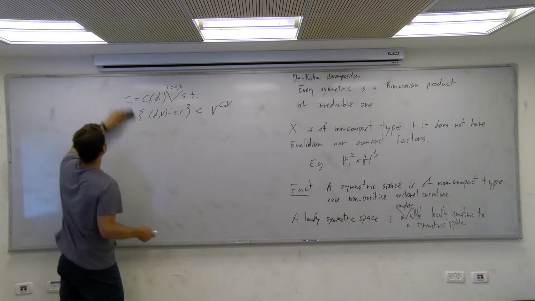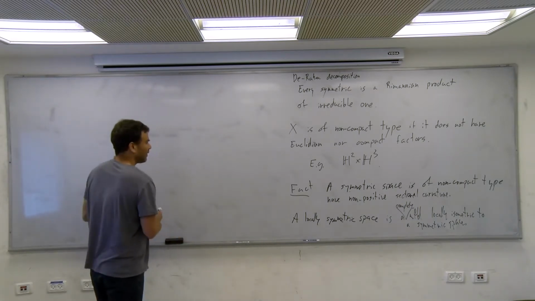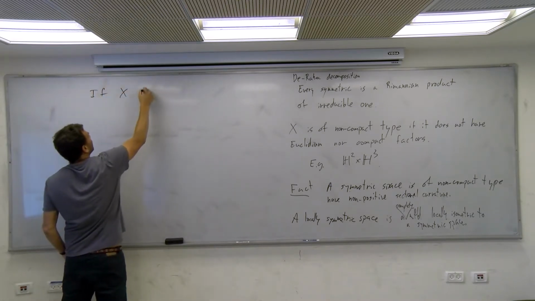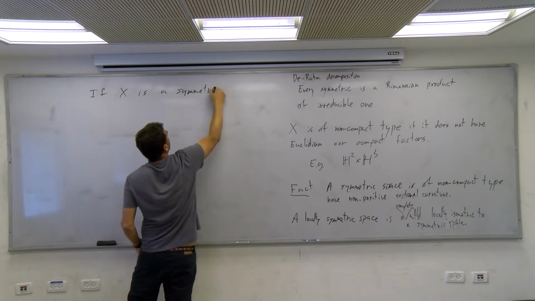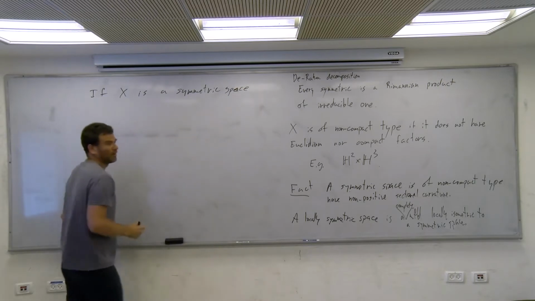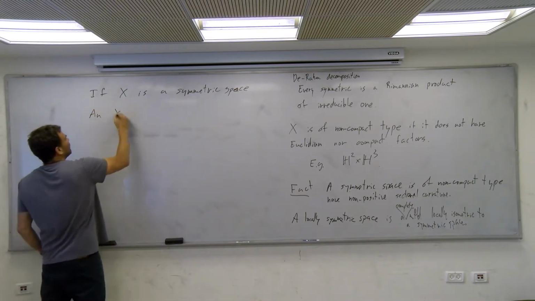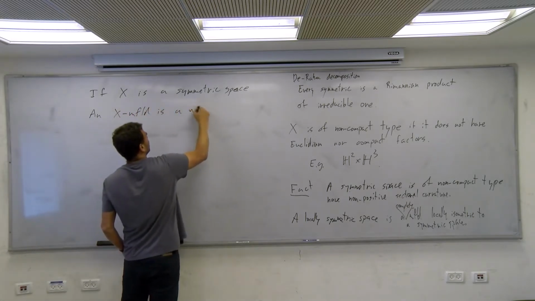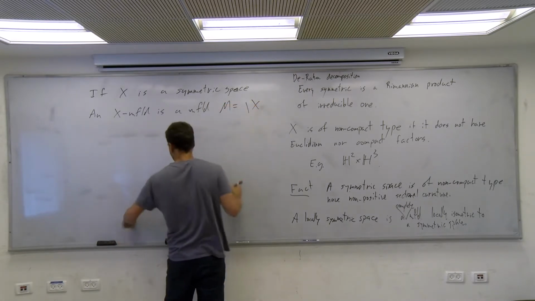More precisely, if we use this terminology, if X is a symmetric space, an X manifold is a manifold M of the form X mod gamma.